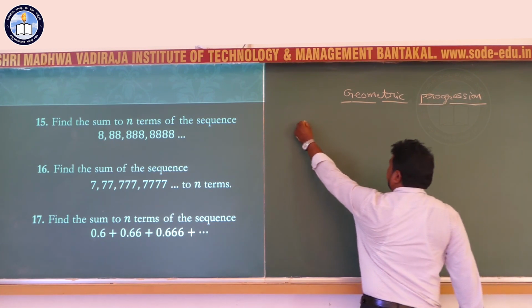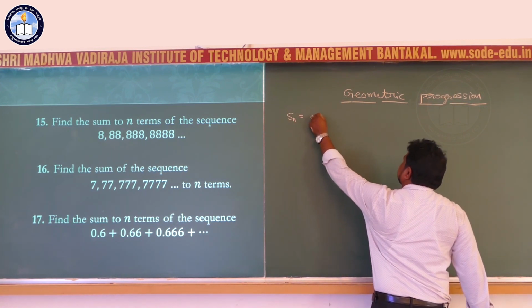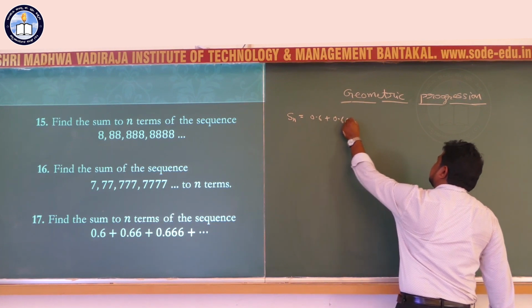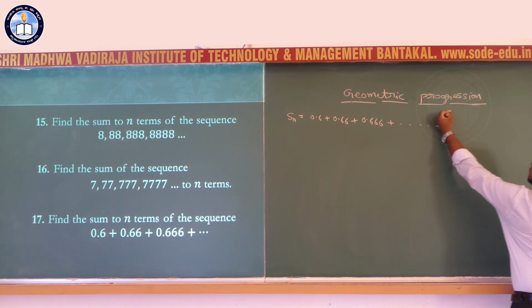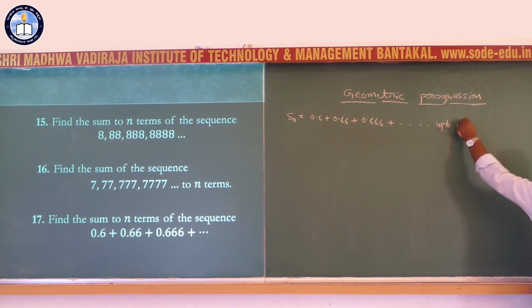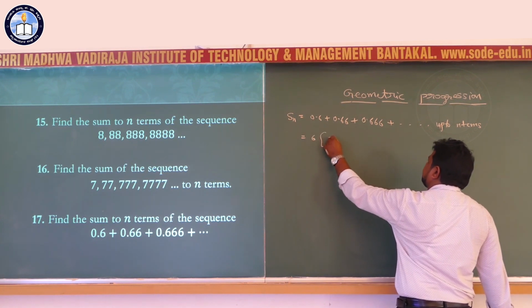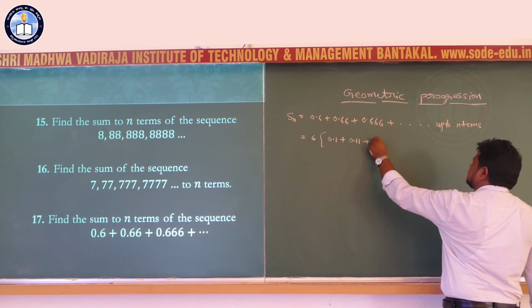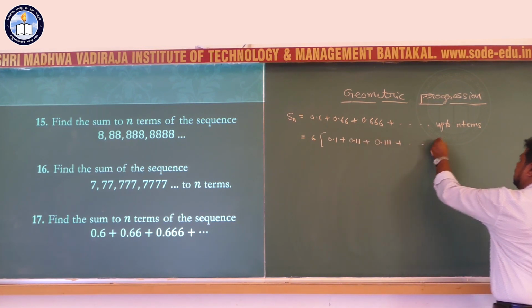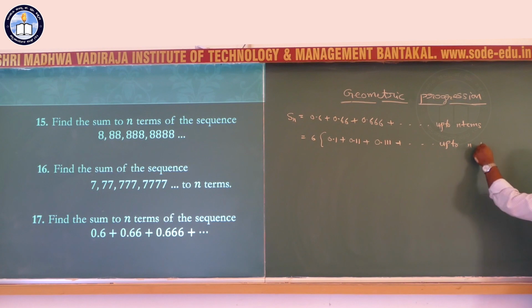Here we want the sum of first n terms, Sn equal to 0.6 plus 0.66 plus 0.666 up to n terms. That is equal to, I take 6 outside, 0.1 plus 0.11 plus 0.111 up to n terms.